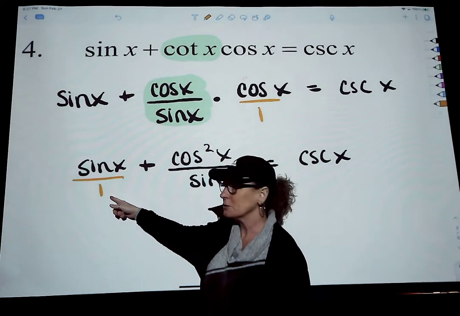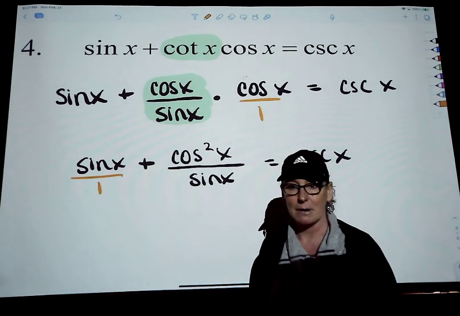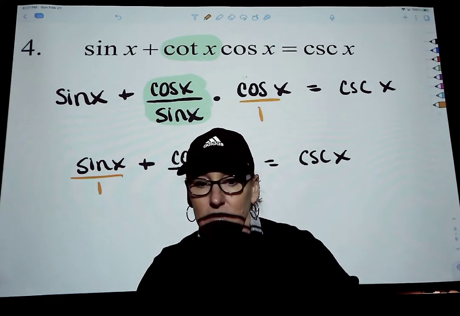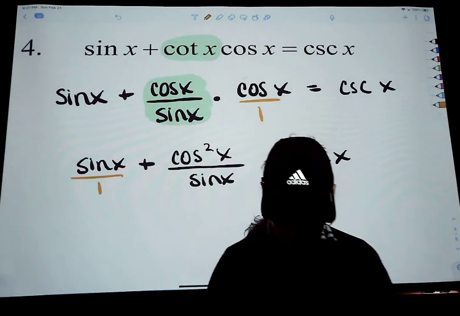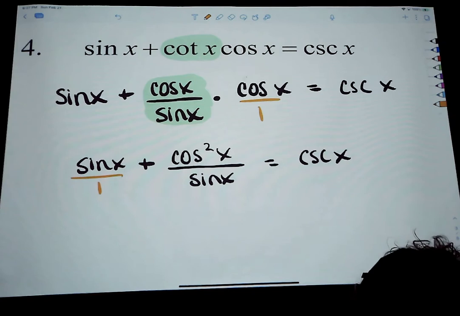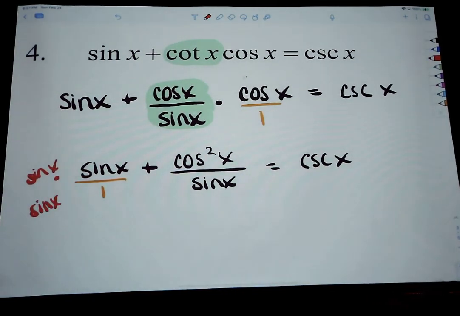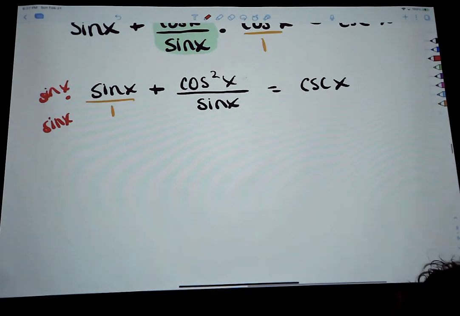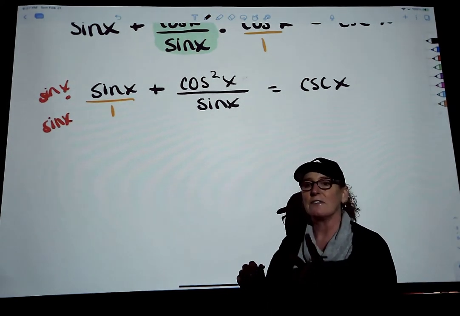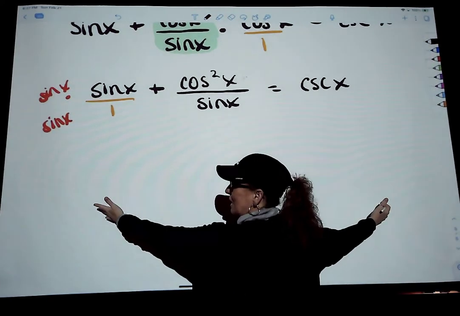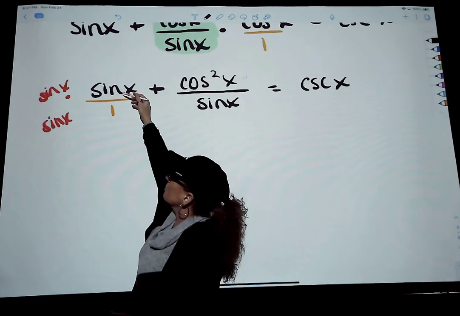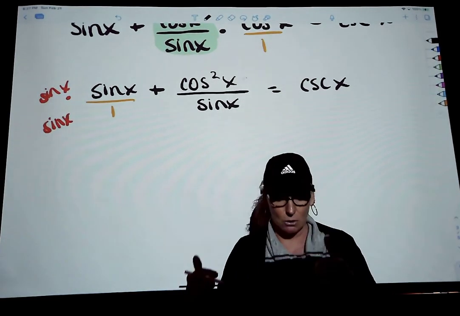Okay, multiply top and bottom by sine of x. So I'm going to multiply sine x. Here's what I get. Now, are you seeing that I'm not multiplying both sides of my equation by sine x? I just multiplied top and bottom of a fraction. That's totally legal.